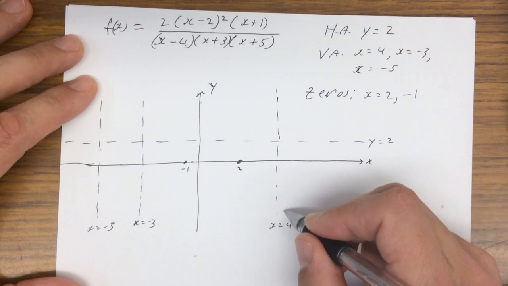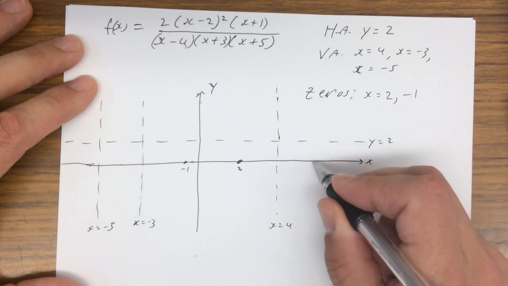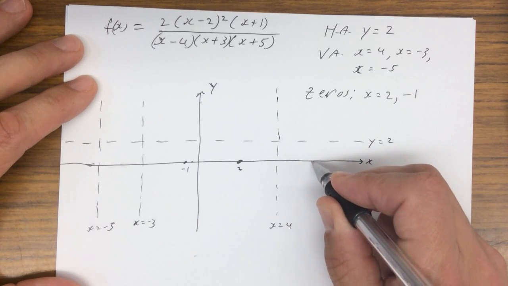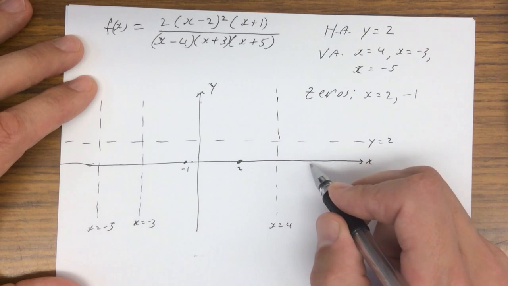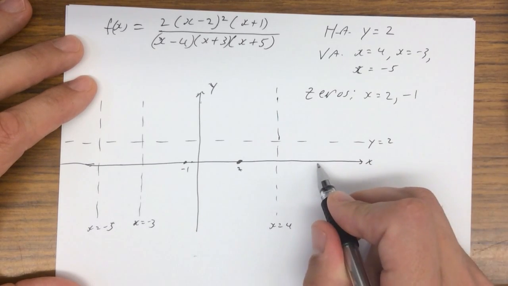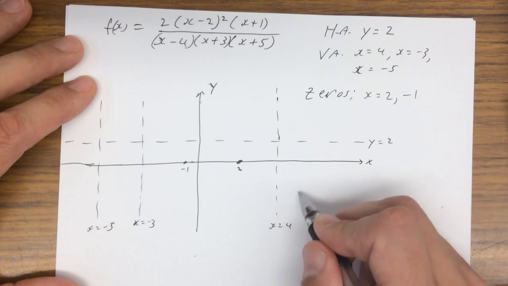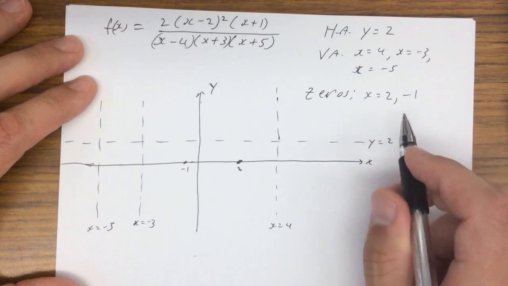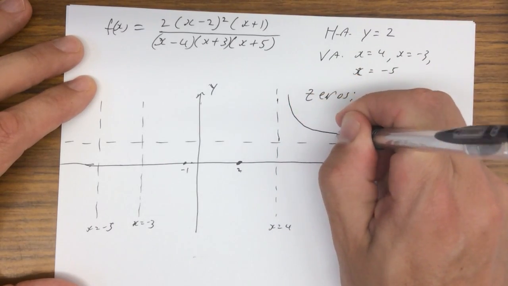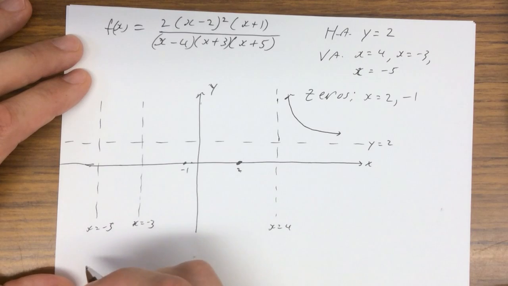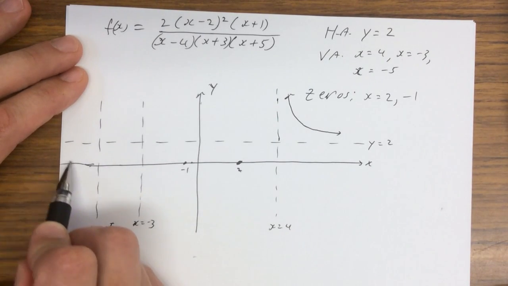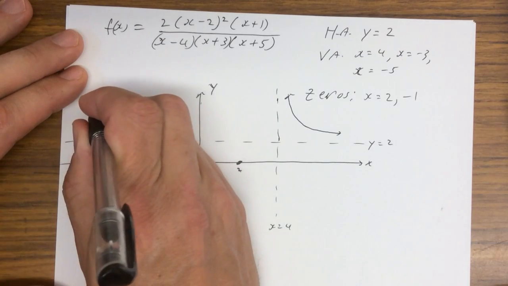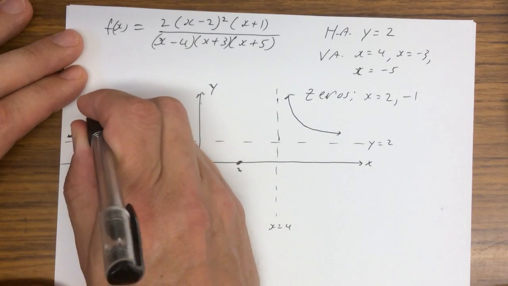This function cannot be down here again, only because it would have to go through the x-axis, and we don't have any more zeros. Okay, so if we had a zero of, say, 6, then it would be down here. But we don't have any, so it has to be up here. Okay, same with over on this side. It cannot be down here because it would have to go through the x-axis, so it has to be up here.